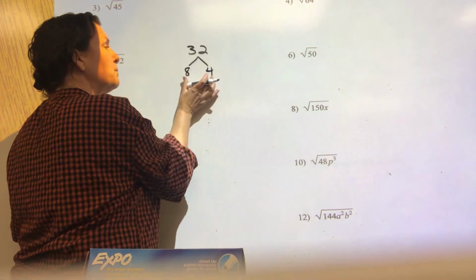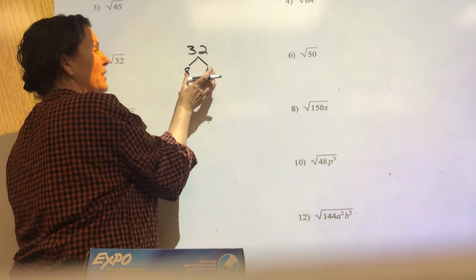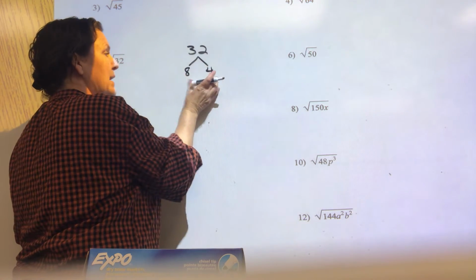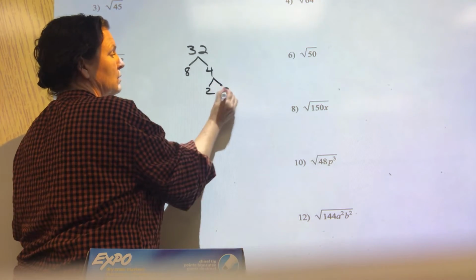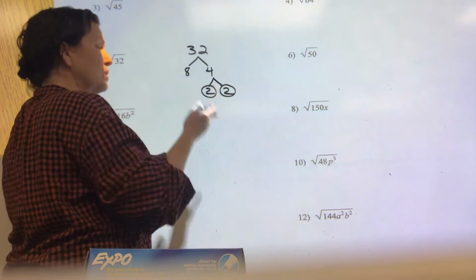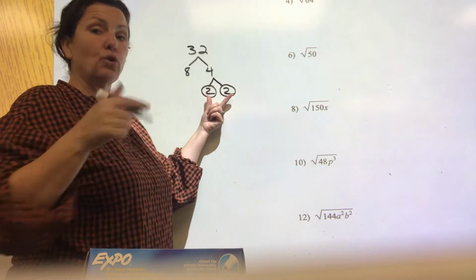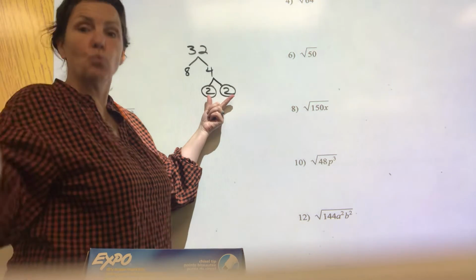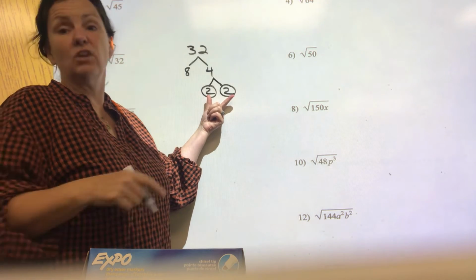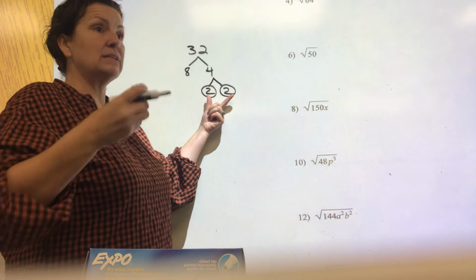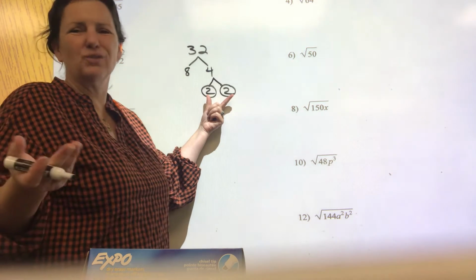I gotta keep going, but neither one of these is a prime number. They are composite. That means they still break down. I'm done as soon as you get to a prime, a number that you can only multiply 2 by 1. If the other number is a 1, then you know you hit a prime. Like 17 times 1 are the only two numbers that give you 17.